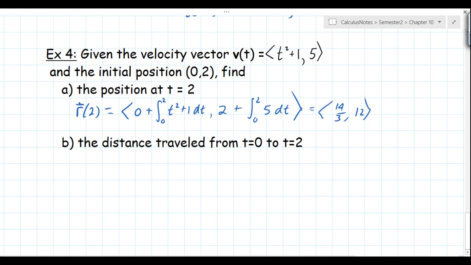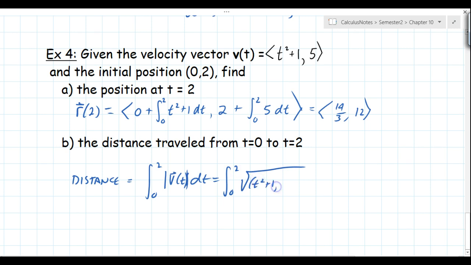And then for distance traveled, we're going to integrate from 0 to 2 the magnitude of the velocity vector. And that is the integral from 0 to 2 square root of t squared plus 1 squared plus 5 squared dt.